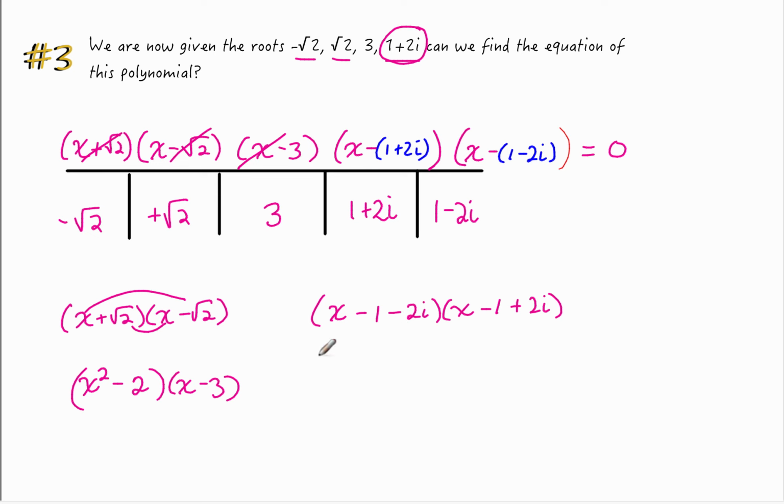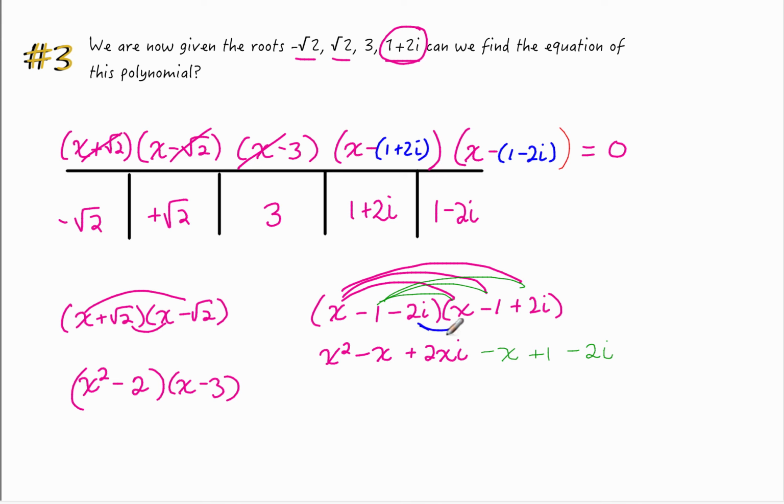x times x is x squared. So this is what I'm doing, distributing the x. All right. Now I've got to distribute the negative 1. And finally, I've got to distribute the negative 2i.